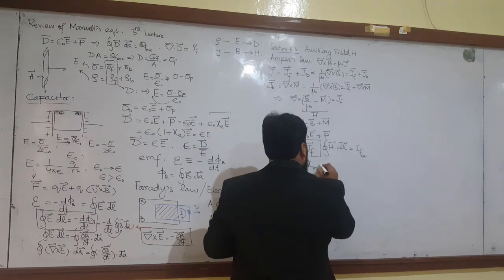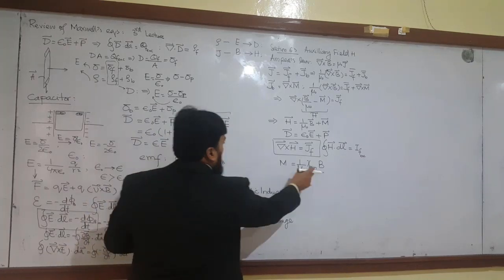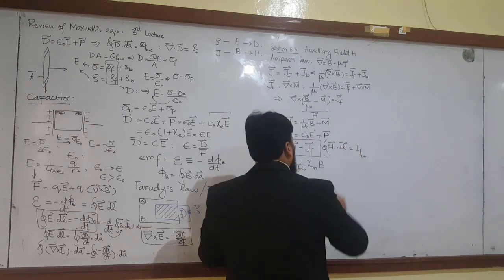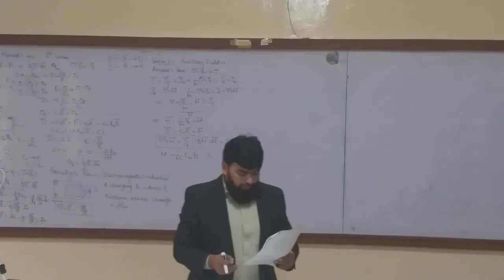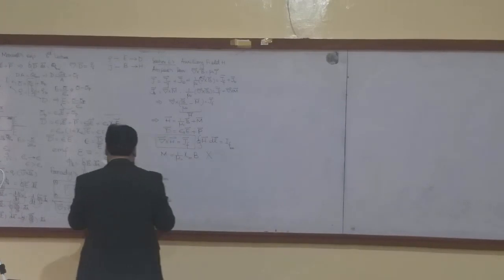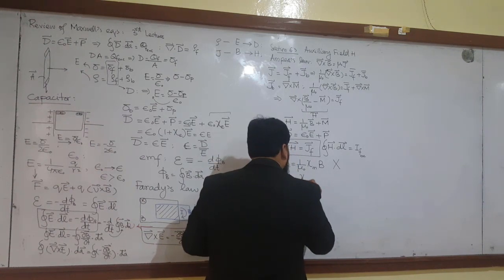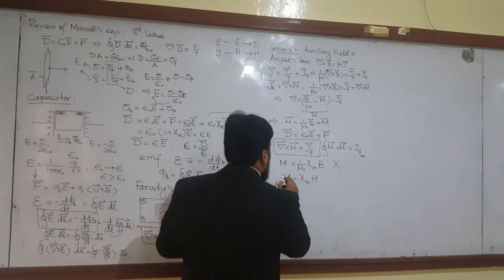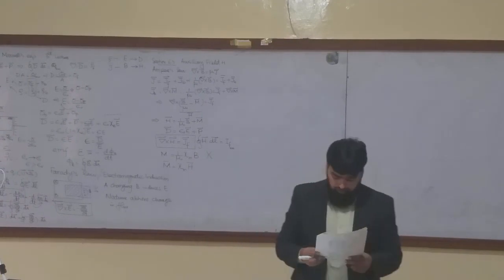And B here is E there. Chi M, chi E. Can I write magnetization like this? The answer is no. We cannot write it like this. We will have to write M equals chi M H, M the magnetization and H the auxiliary magnetic field.